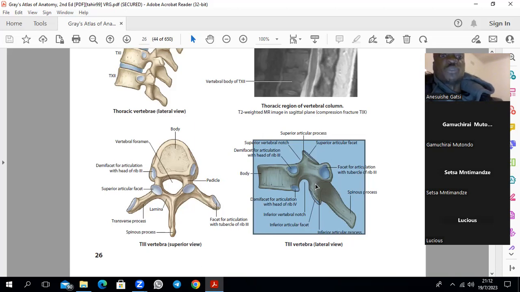These are the joints between vertebral arches, where we talk about those superior and inferior articular facets. Each vertebra has superior articular facets, then inferior articular facets. Where those facets articulate with the vertebra above and the vertebra below, those are what we are referring to as zygapophyseal joints, and they're synovial.